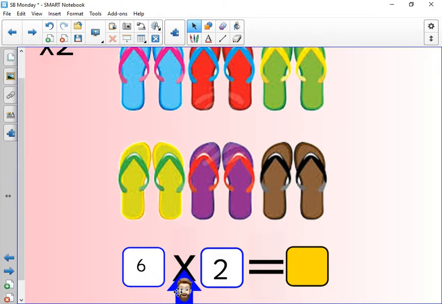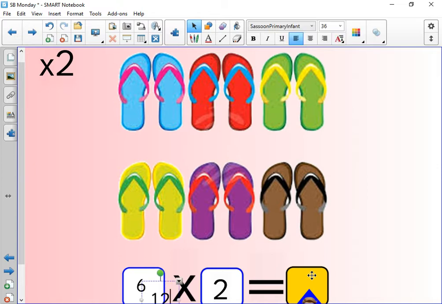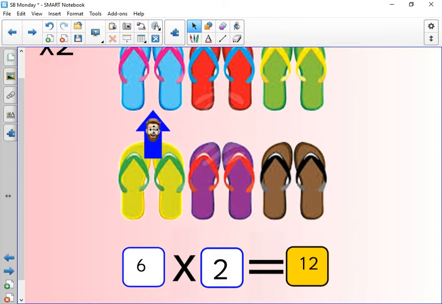So 6 lots of 2. 6 times 2. What's the answer? Count those flip-flops for me. Did you get 12? Let's just check by counting in twos. 2, 4, 6, 8, 10, 12.